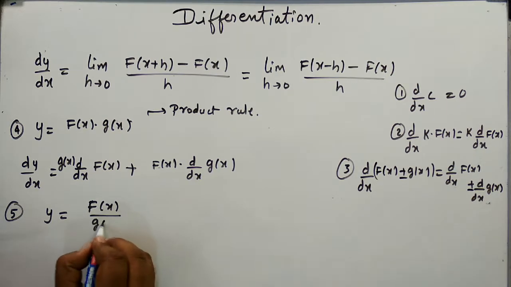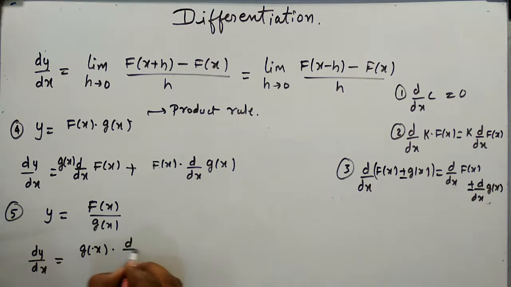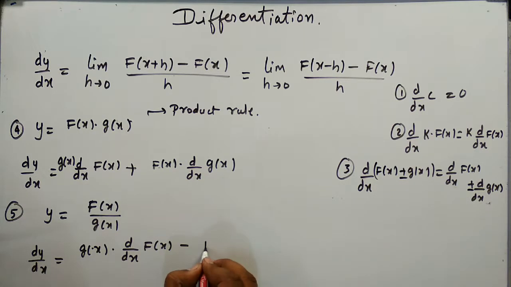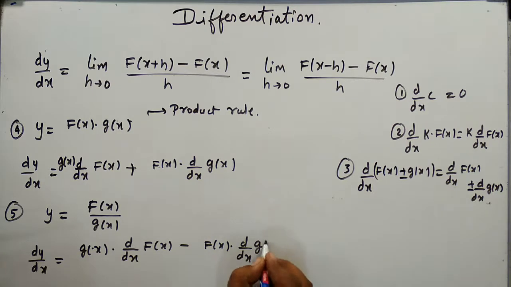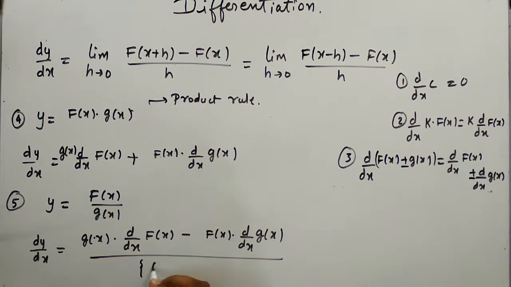And if the function is like f of x by g of x, then the derivative of that function would be equal to g of x into d by dx of f of x minus f of x into d by dx of g of x upon g of x whole square.